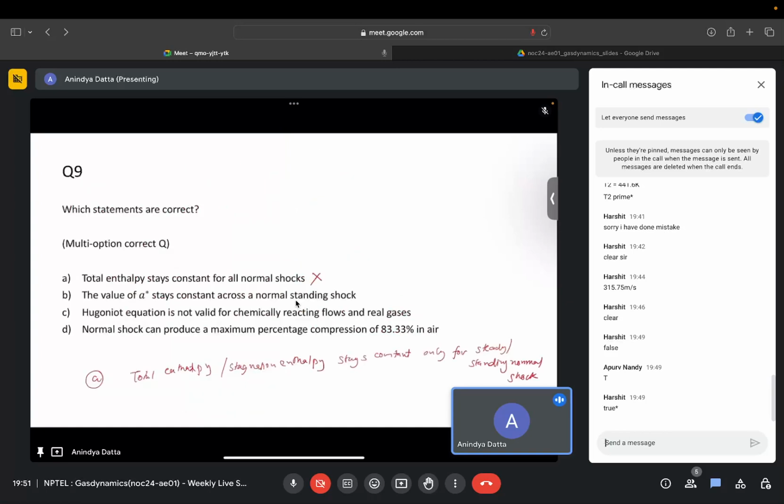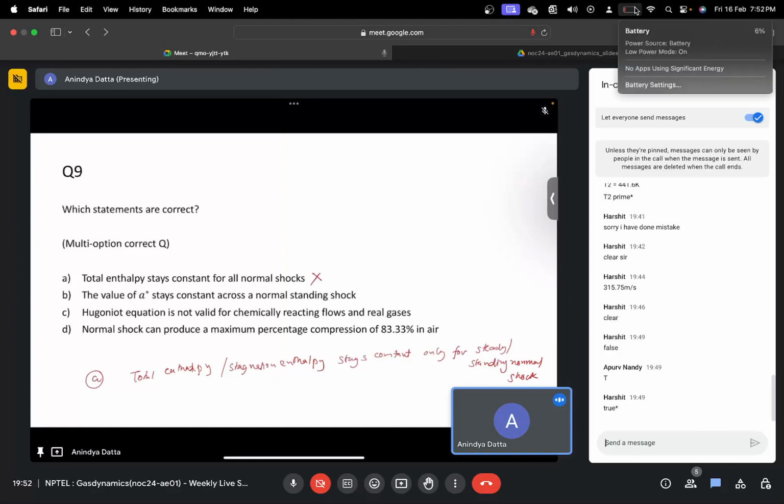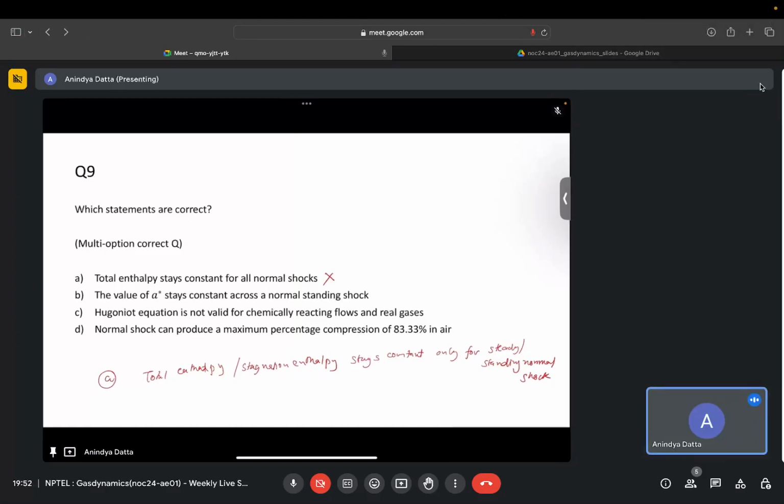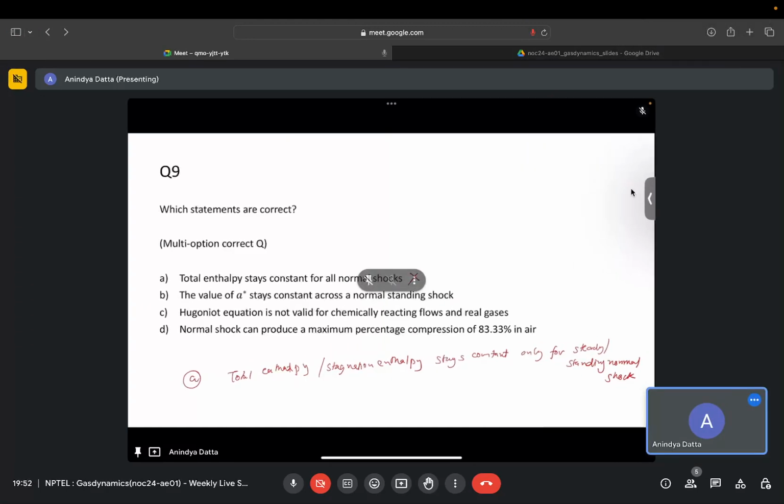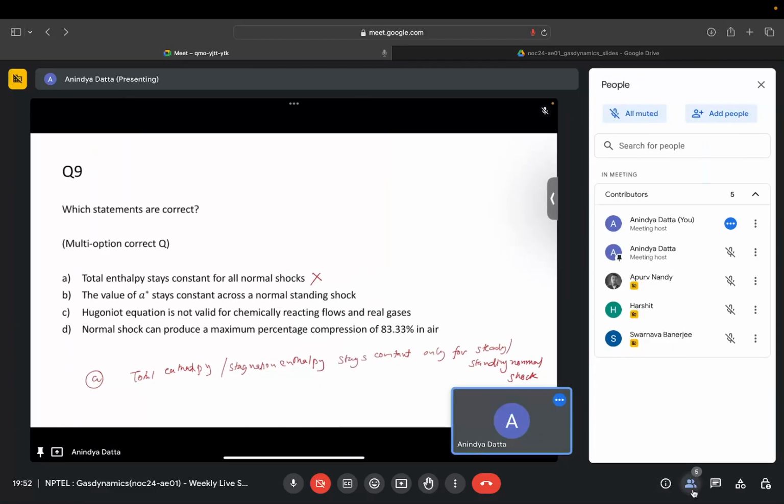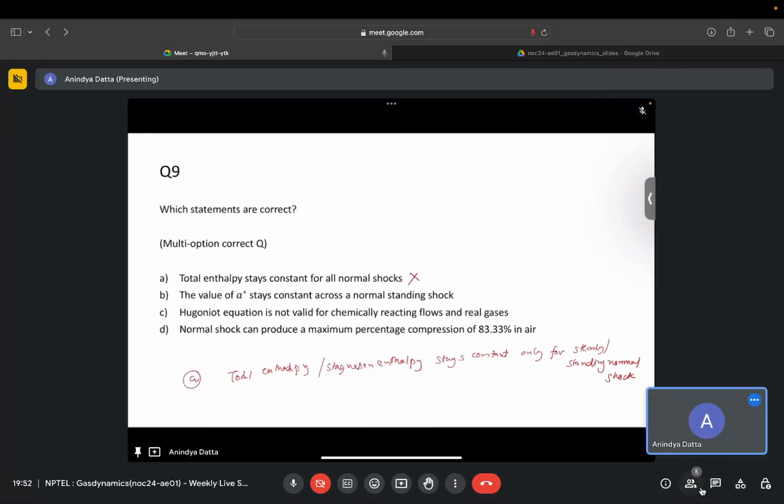Coming to the next question, we have seen that the total enthalpy or total temperature will stay constant only if we have a standing normal shock. This is not valid for unsteady flows. In this case it is an unsteady flow because the shock is moving. Is this clear? Any questions?